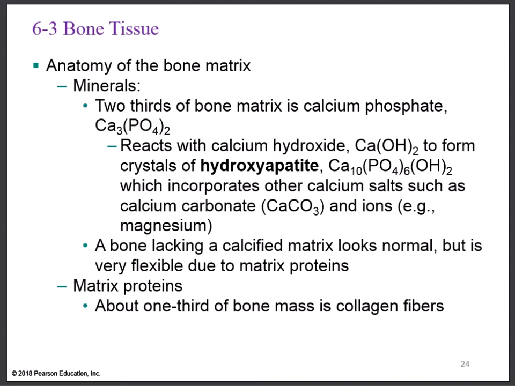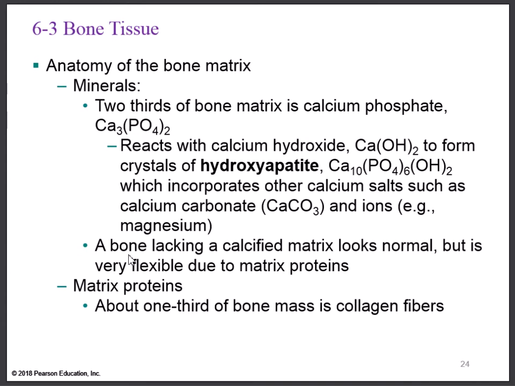Now, if you took a bone and you took away the hardness, the minerals, we would end up with a bone that looks like the bone, except it would be very flexible. So a bone lacking calcified matrix is going to look normal, but it's going to be flexible.